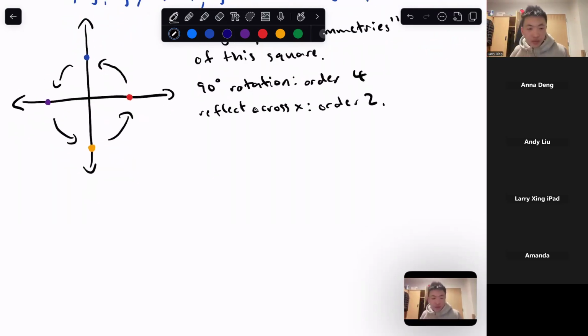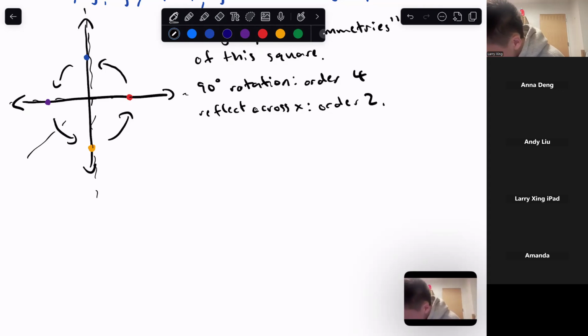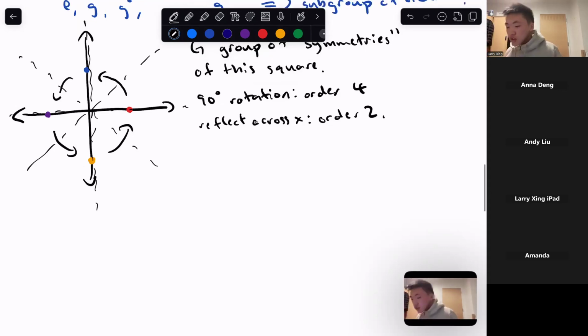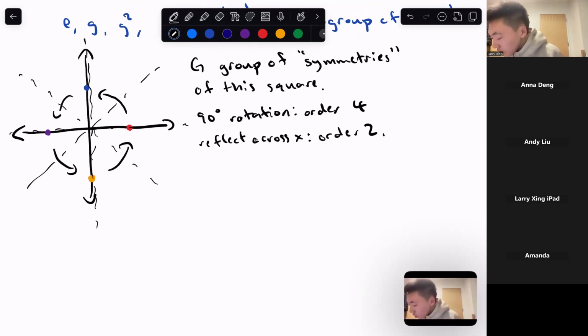And if we want to figure out the order of this group, through some inspection we can draw all the reflection lines. So you have one reflection here, one here, one here, one here, and obviously you have four rotations. And so the group has order 8.